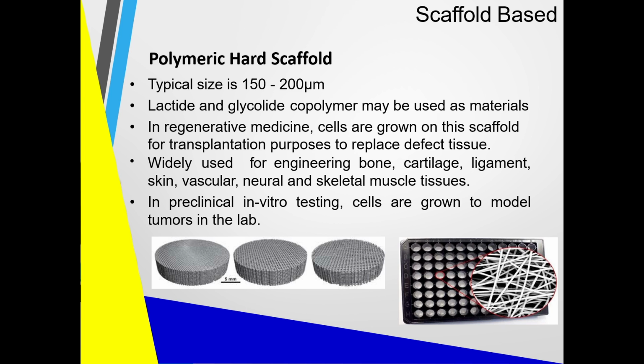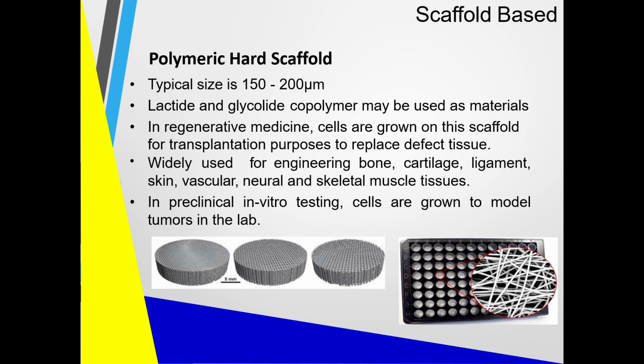In regenerative medicine, cells are grown on this scaffold for transplantation purposes to replace defective tissue, widely used for engineering bone, cartilage, ligament, skin, vascular, neural, and skeletal muscle tissues. In preclinical in vitro testing, cells are grown to model tumors in the lab.